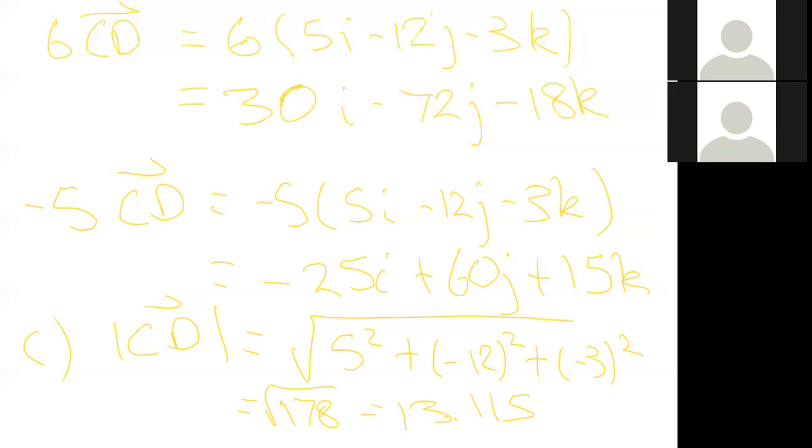If we move on to question 3, it's asking us to find the angle between the two vectors A and B using a formula, and then use that result to find the angle in radians. So I'll do question 3A. We have A equal to 2i plus j, and B equal to -i plus 3j.